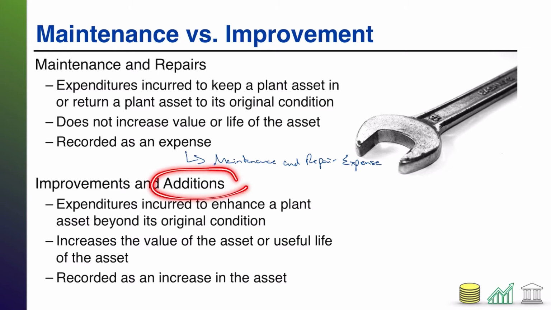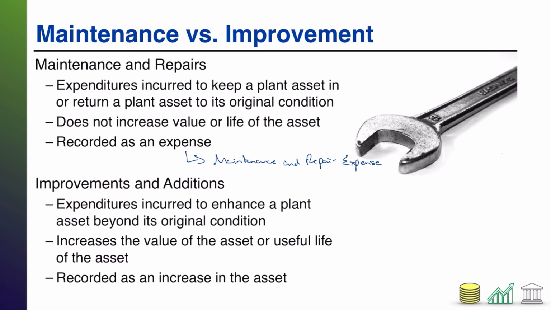Or let's say not an addition, but let's say an improvement. Let's say you have a machine that has a certain type of gear or ball bearing in it, and modern technology develops a more efficient gear or more efficient ball bearing, and so you swap that piece of the machine out. Well, that's an improvement to the machine, right?